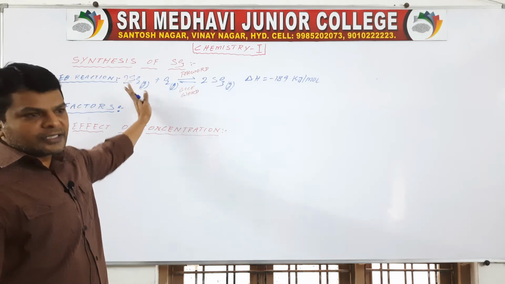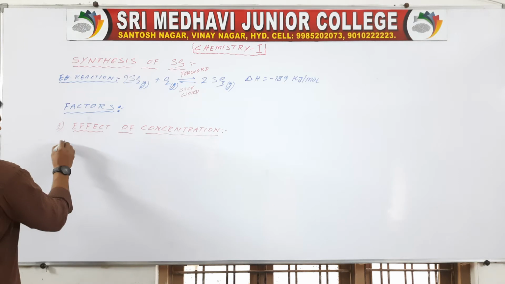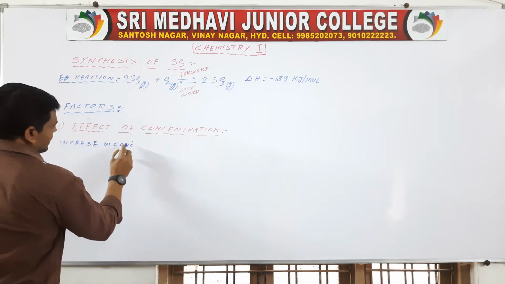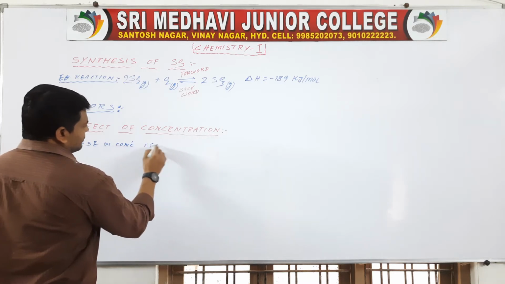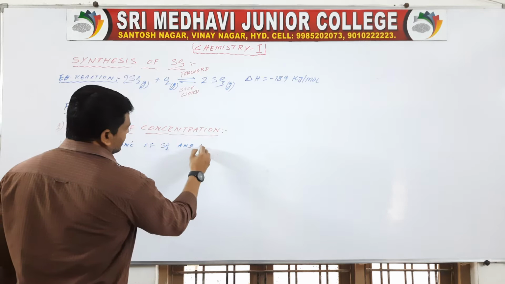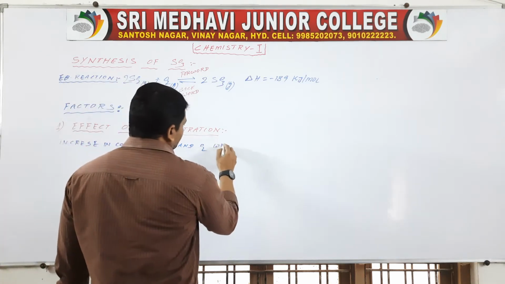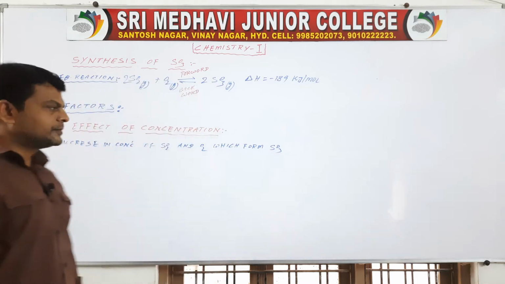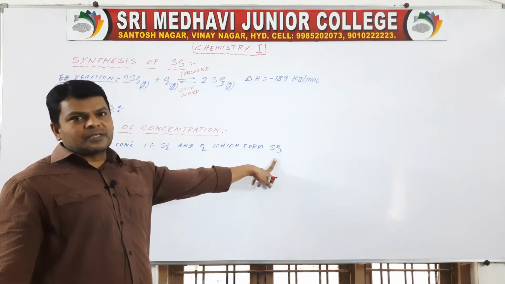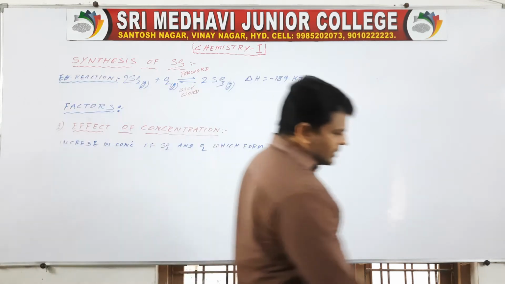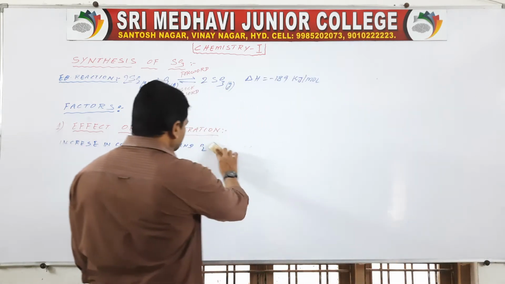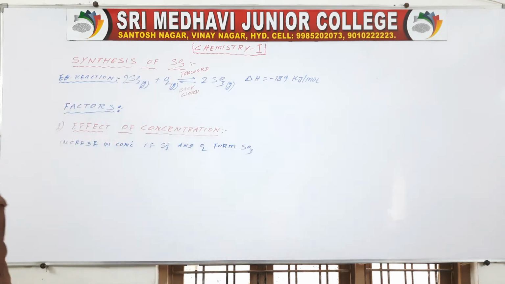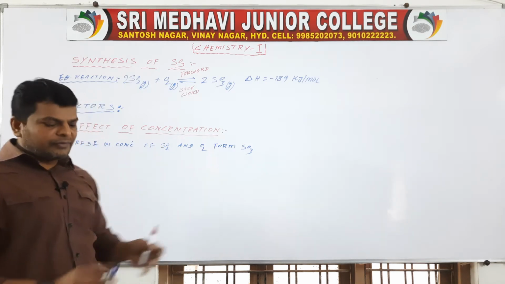So what I mean to say is, an increase in the concentration of SO2 and O2, which form sulfur trioxide, means high concentration is favorable for the formation of sulfur trioxide.